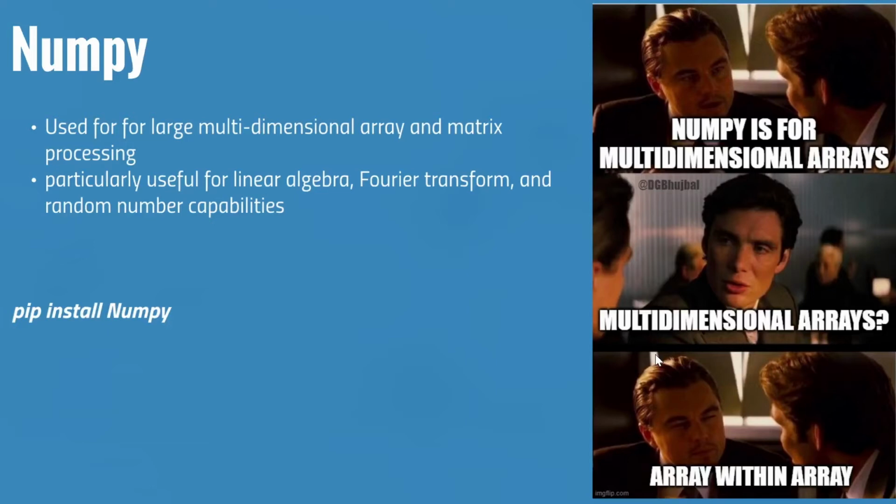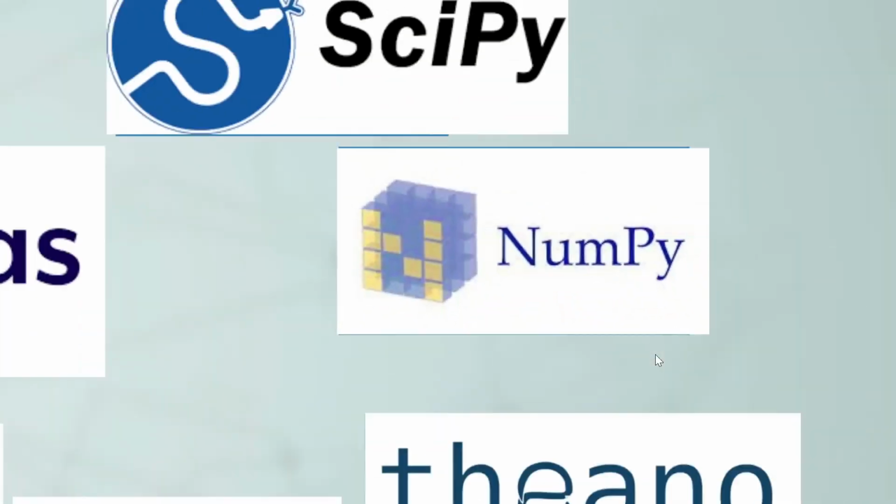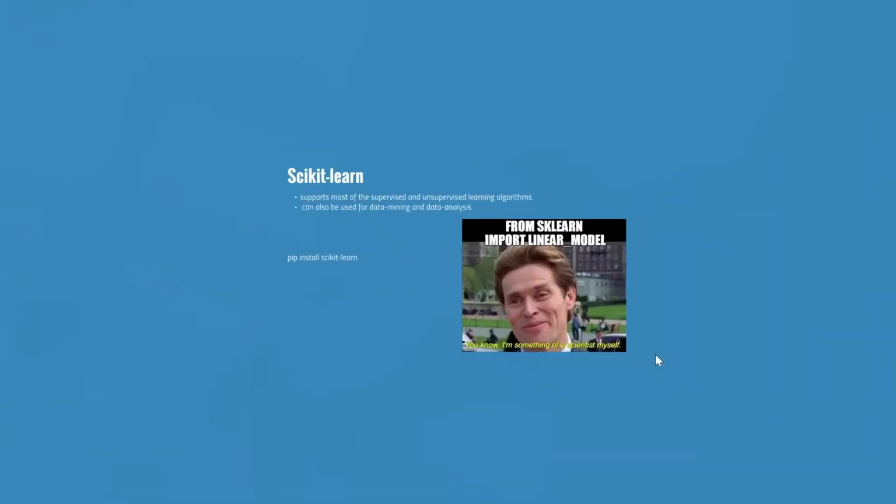For that, NumPy is a very essential tool. Again, if you want to install just NumPy, not SciPy, you can use pip install numpy to install just the NumPy library.